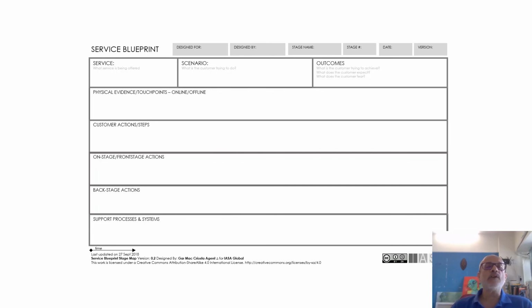To support our reciprocal action, there could be some backstage action, something that happens behind the scenes. And whatever happens across this and maybe behind the scenes is supported by business capabilities or processes and systems. And that's really what we are going to see through the next canvas.